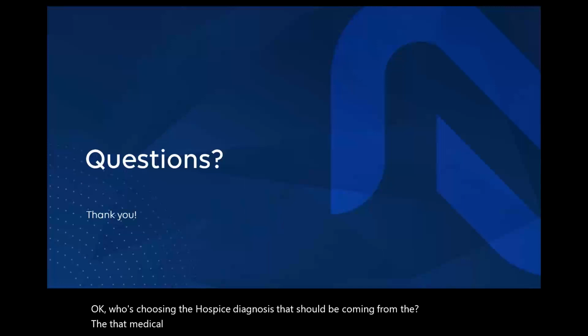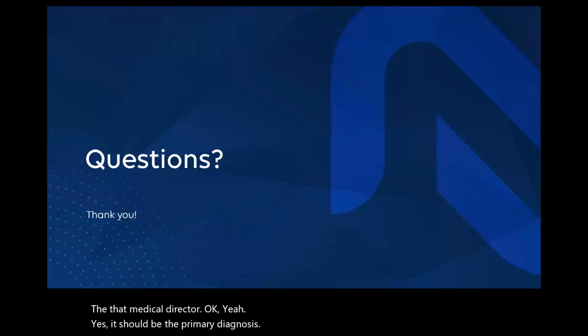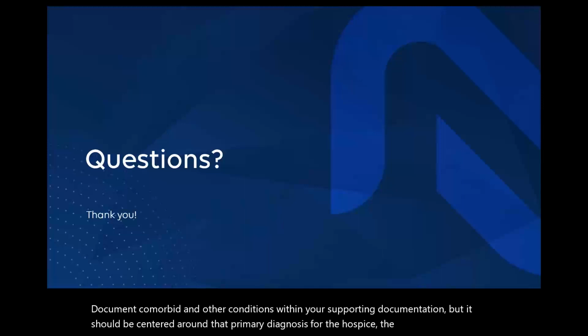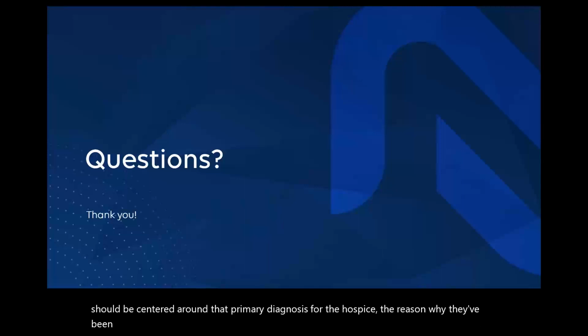So yes, it should be the primary diagnosis. You can document comorbid and other conditions within your supporting documentation, but it should be centered around that primary diagnosis for the hospice, the reason why they've been placed on hospice.